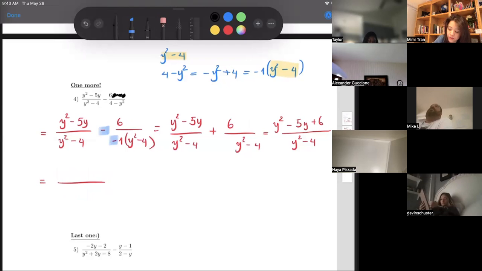All right, at the bottom, we're going to change it into y minus 2, y plus 2, or y plus 2, y minus 2. And then the top, do you think we can factor? I think so. Someone factor the top for me. It's easy. You should be able to tell me.